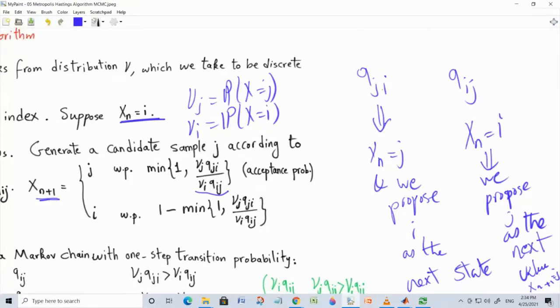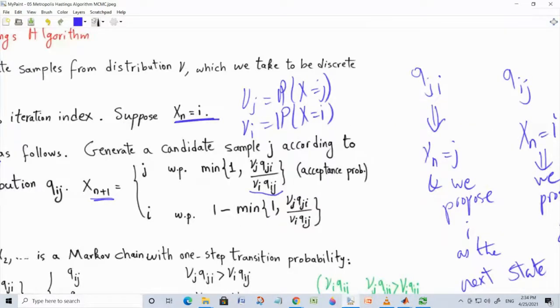Again, you must provide the algorithm with those distributions, and basically you accept j as a candidate, and so you put x of n plus 1 equal to j. You compute this quantity, and again, this quantity is not very straightforward. What is this thing and why does it look exactly like this?